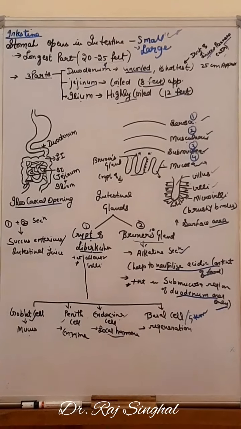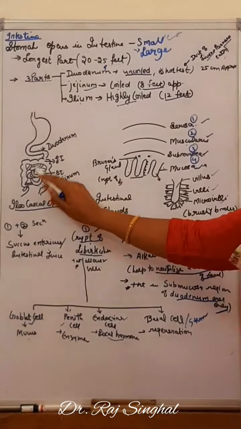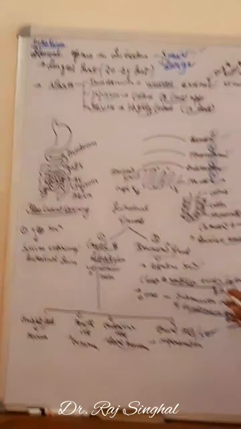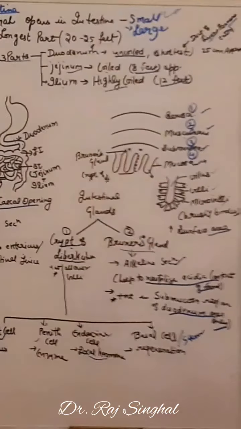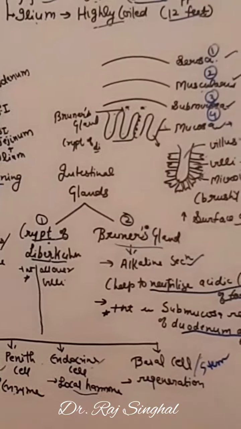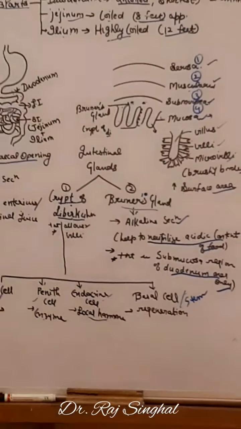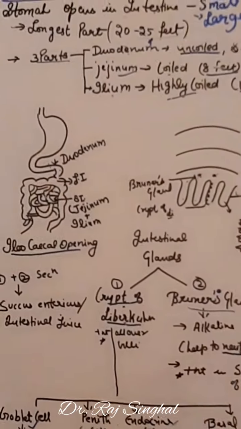This acidic content is neutralized in the small intestine by the secretion of Brunner's gland. The secretion coming from the liver, that is bile juice, also helps to neutralize the acidity, which we will study in the later section.